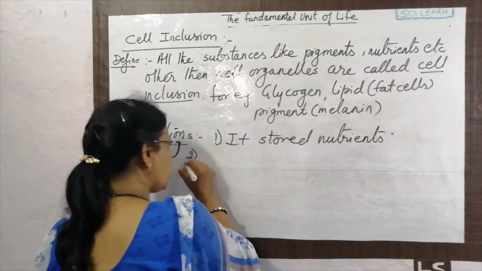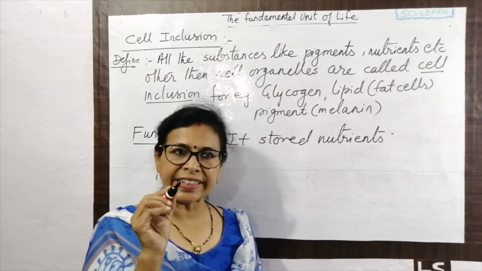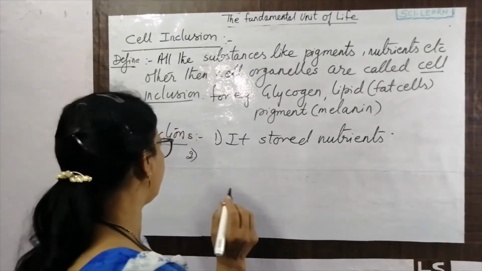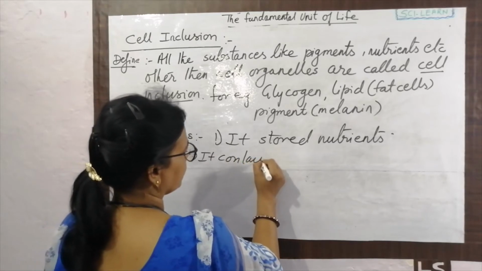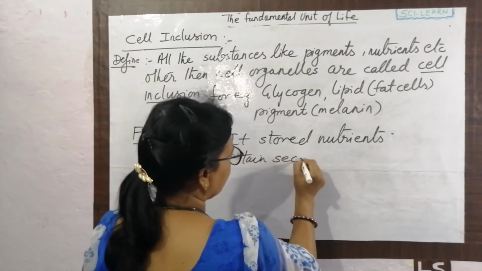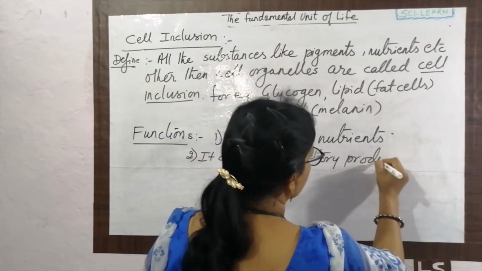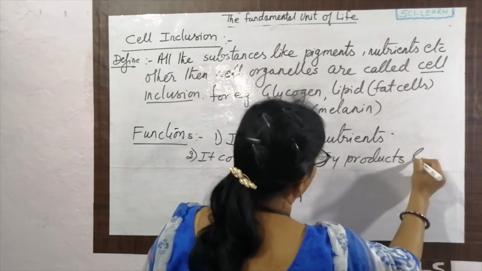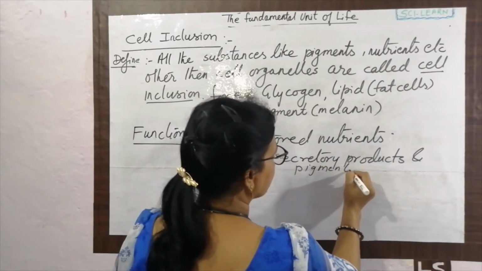Now, what is the second function? That is an important function of the cell inclusion. It contains secretory products, the products secreted out by the cell, and pigment granules.